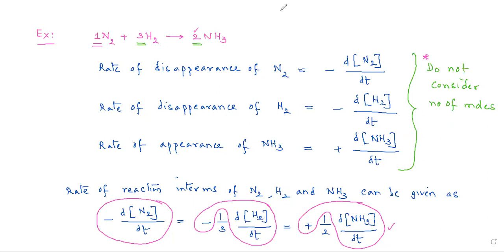Think you got my point? So never ever consider the number of moles while writing the disappearance and appearance. You can take them, of course, while writing the rate of the reaction. Okay, check this out.